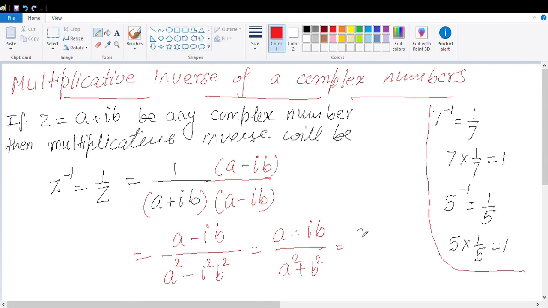This is a upon a square plus b square minus i times b upon a square plus b square. So this is how we find the multiplicative inverse of any complex number. This is just the procedure I told you. If you want, you can remember it as a formula also. Now let's see how to apply this procedure in solving any question.